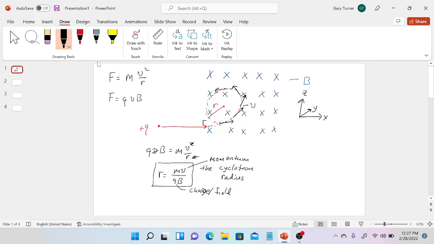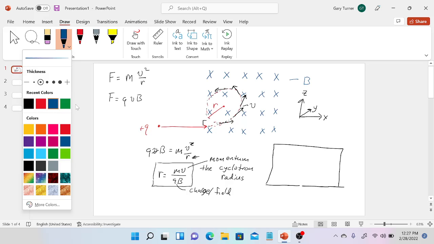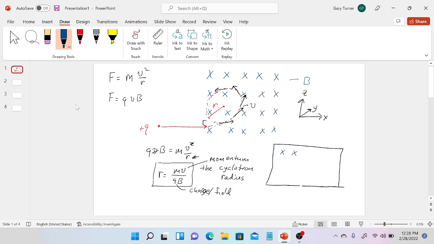Because different atoms in the substance will have different masses, they will all have different circles. They will all have different radii. So the basic way a mass spectrometer works is you've got a narrow slit inside an apparatus, inside a box, and inside the box, there's a source of uniform magnetic field.